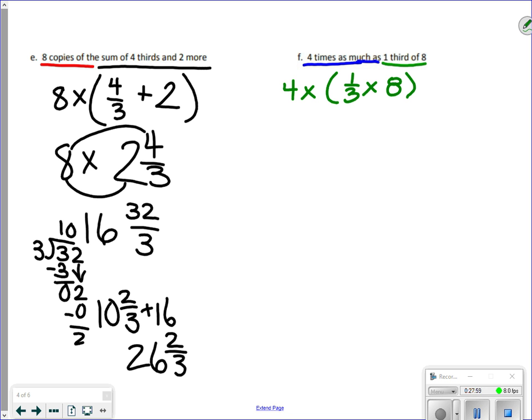So if you ever write your expression, you really should go back, look at it, and see if it reads like what it says up there. 4 times as much as 1/3 of 8.